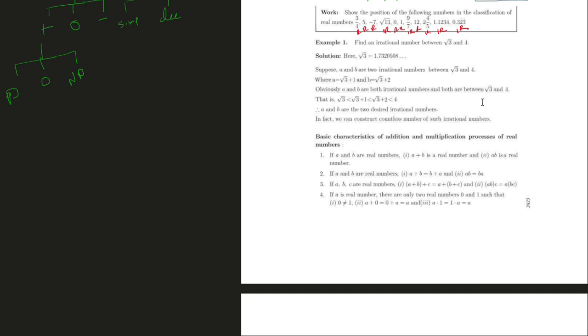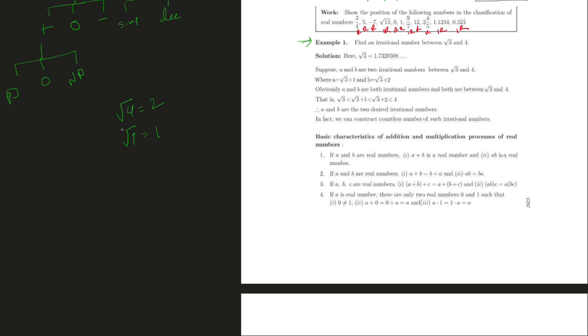Okay, let's look at an example first. Here you can see that in the first example they have asked us to find an irrational number between root 3 and 4. To find roots, we know that root of 4 is equal to 2 and root of 1 is equal to 1.